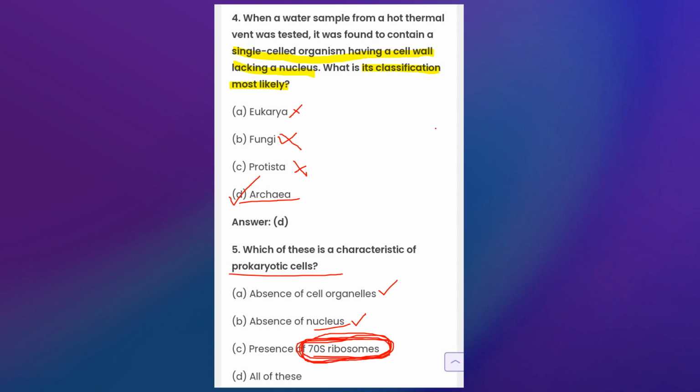Now we have studied only the cell wall, cell membrane, and capsule. After that we will study the ribosome, the cytoplasm, and all eukaryotic cell organelles. So the answer is all of these.